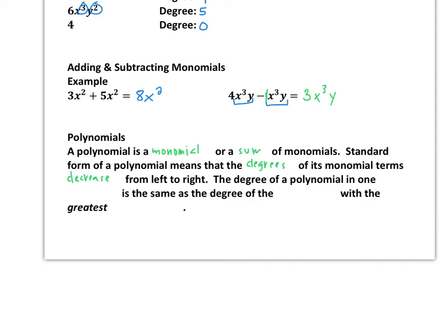The degree of a polynomial in one variable is the same as the degree of the monomial with the greatest exponent.